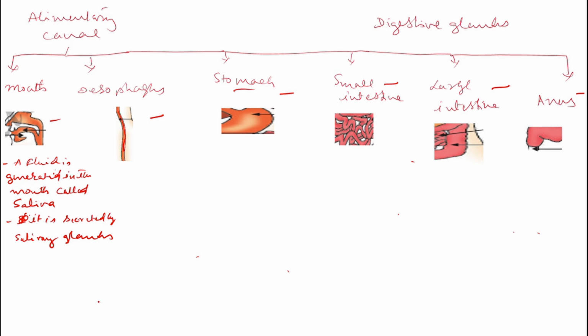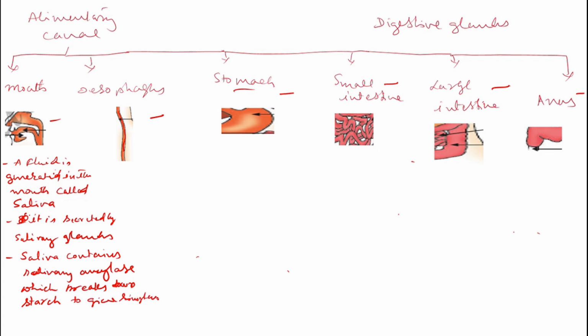Saliva contains salivary amylase, which breaks down starch to give simpler sugar.